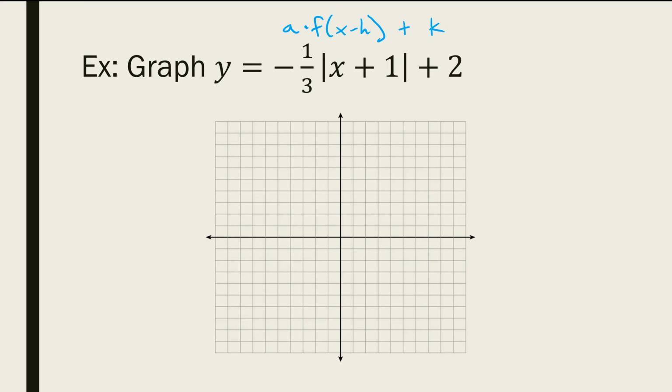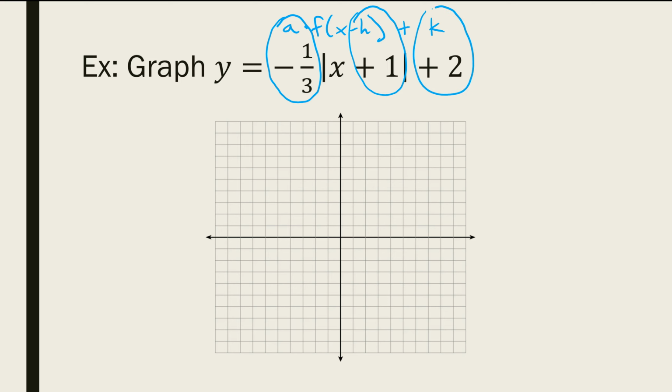So this is the thing that I was talking about on the last slide. Notice instead of the f of, this particular parent function I'm doing is absolute values. So the f in this case is like, hey, I'm dealing with the absolute value function. The a is -1/3. The h is 1, but remember because of the minus, that means shift left.